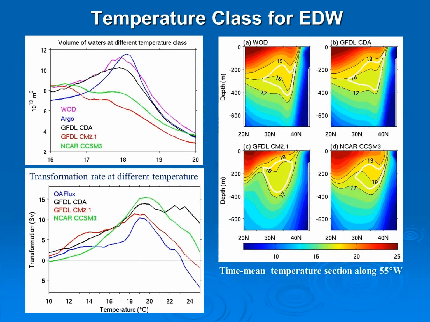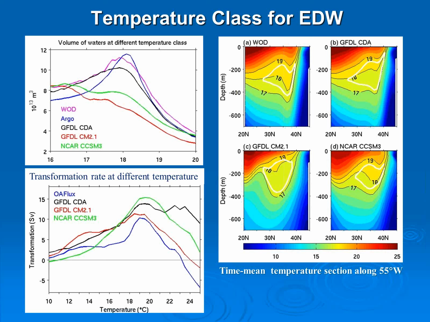Before we compute the 18-degree water from models, because models may have a temperature bias, we need to look at what temperature class of the EDW falls into in each model. On the top left is the volume of water at different temperature classes. You see that from observations and the data assimilation model, the volume peaks around 18 degrees C. For the two IPCC models, you see they have a cold bias.